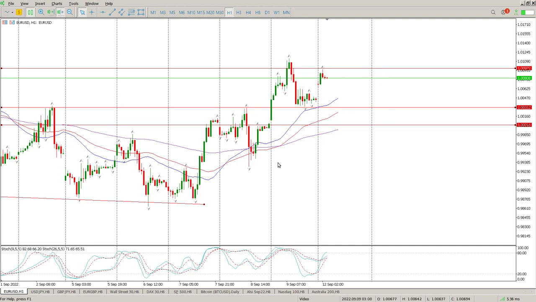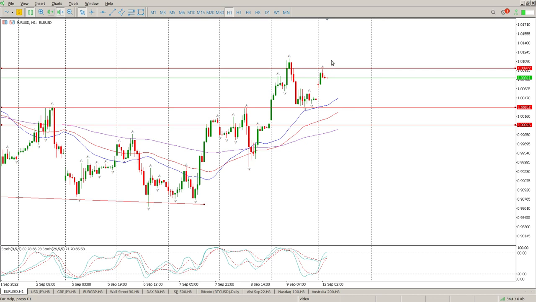What you're looking for is inside bars, engulfing bars, or pin bars on one of these two levels, and your stop loss must be below that structure. So if that is the structure, there's your inside bar, your stop is right here, and your entry is above the red bar there. Okay, so that's kind of the view that I've got on the Euro USD at the moment.